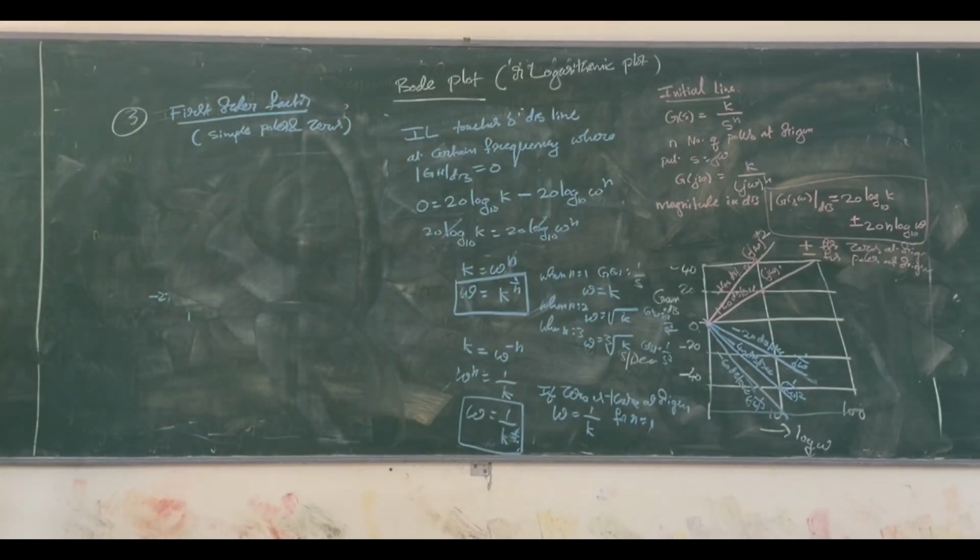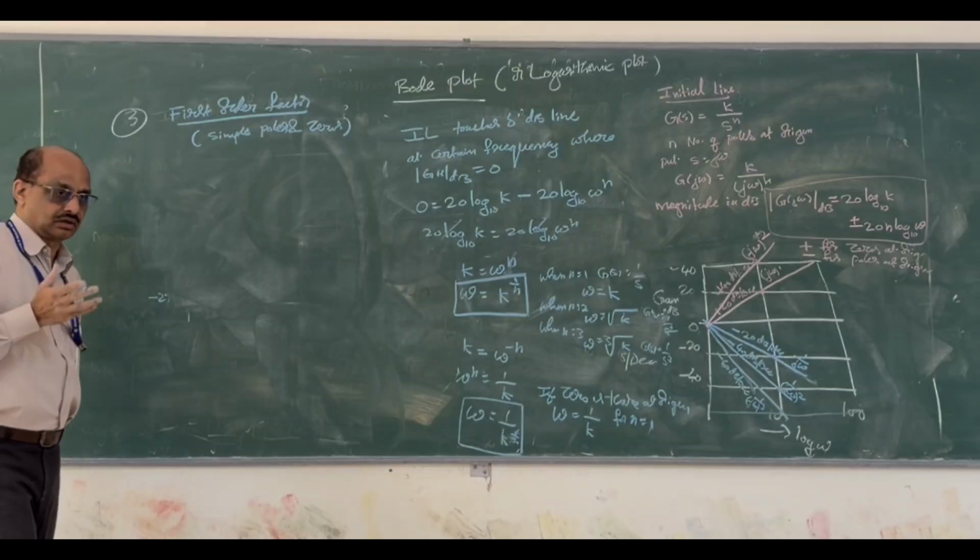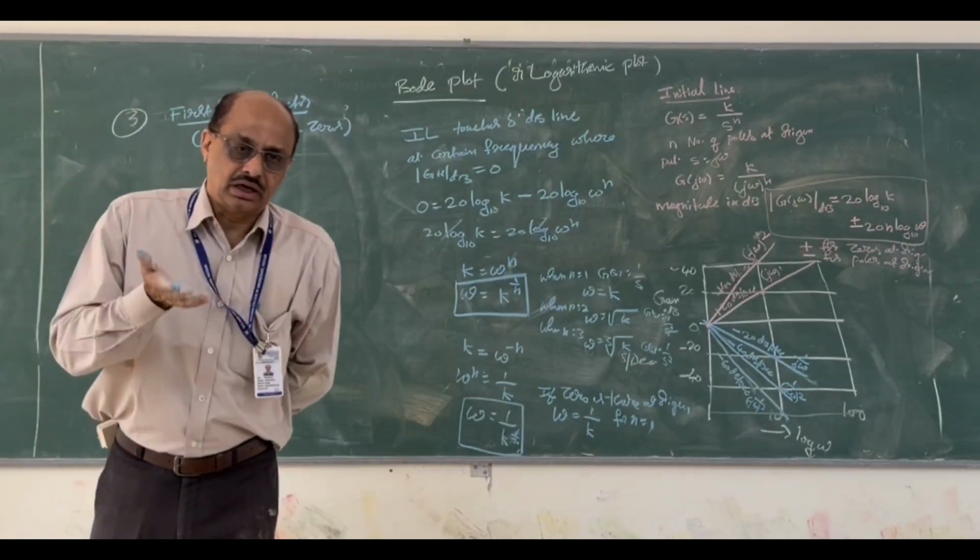Usually these occur more than twice, or a combination of zeros and poles may be there, as well as sometimes only poles and so on.